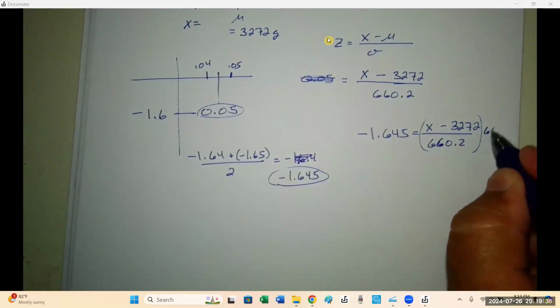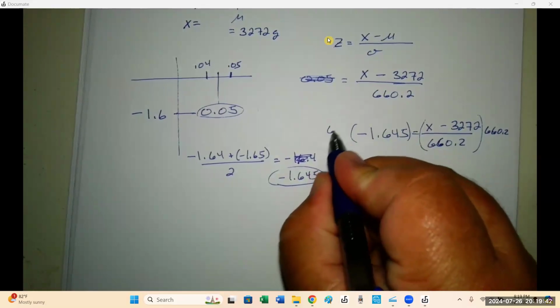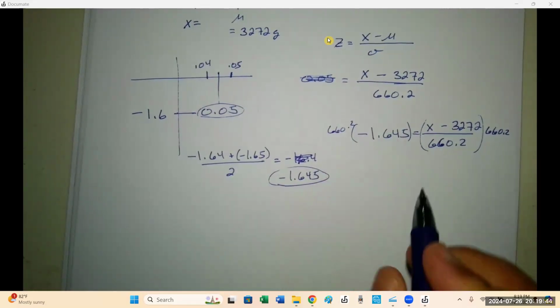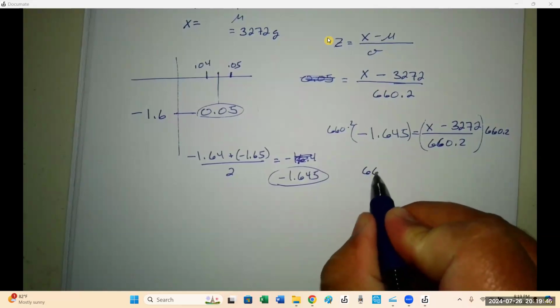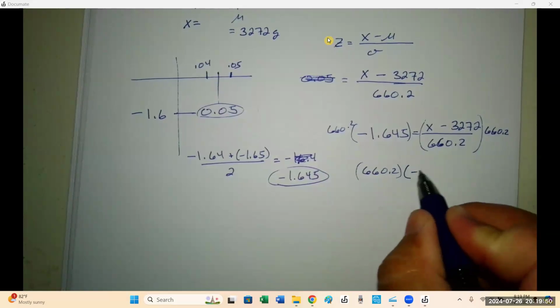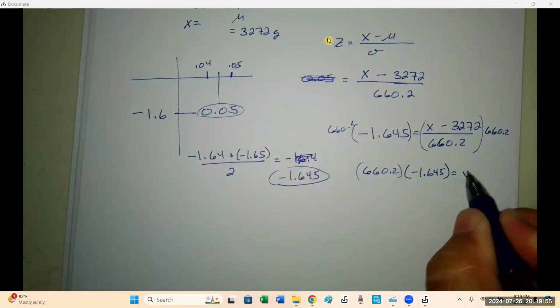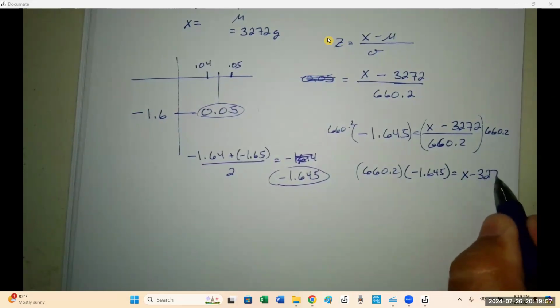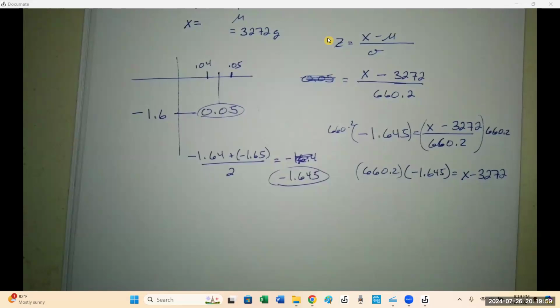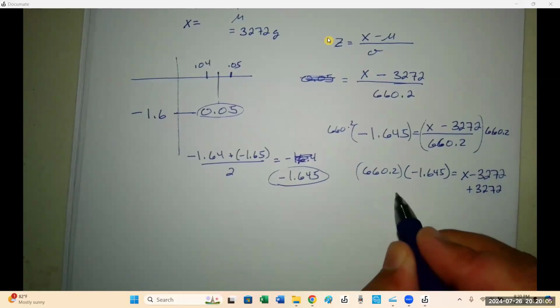So multiply 660.2 to both sides. So we have 660.2 times negative 1.645 equals x minus 3272. Then we add 3272 to both sides.